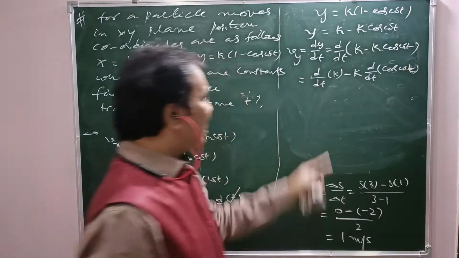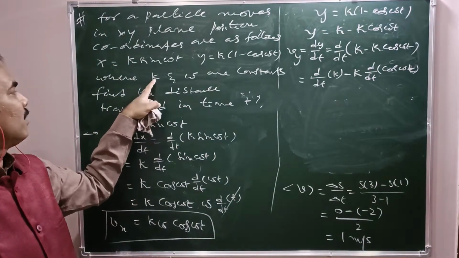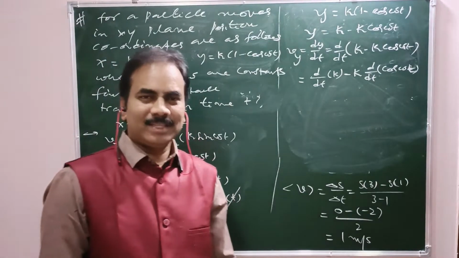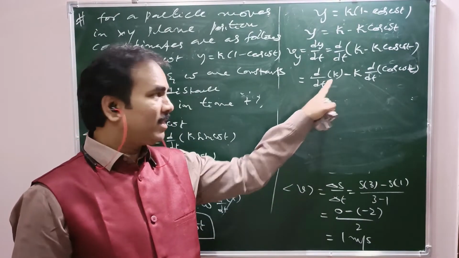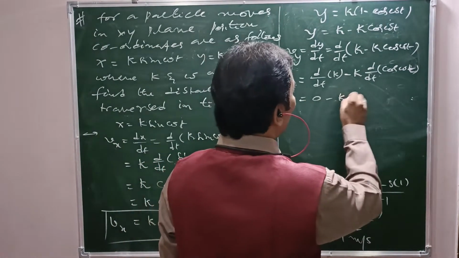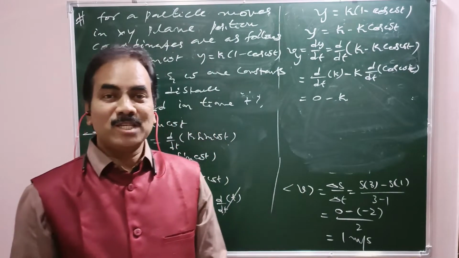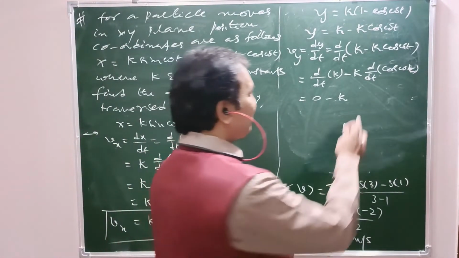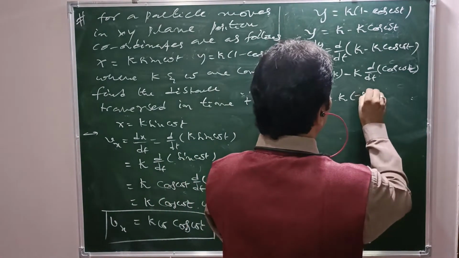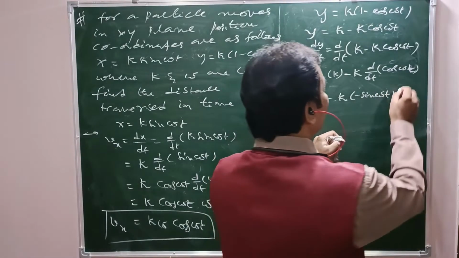D by dt of k. K is constant from data. See here, k and omega are constants. So d by dt of k means 0. There is no change in k with respect to time. So 0 minus k into d by dt of cos omega t. D by dx of cos x means minus sin x. In the same way, d by dt of cos omega t means minus sin omega t, again into d by dt of omega t.